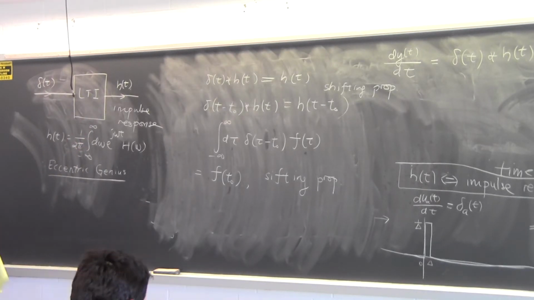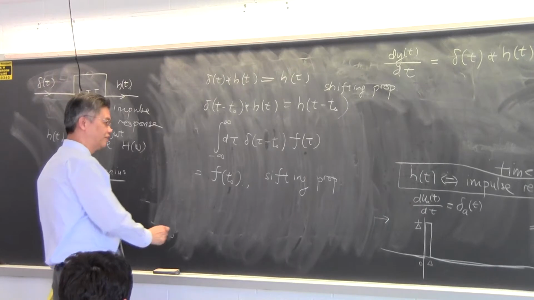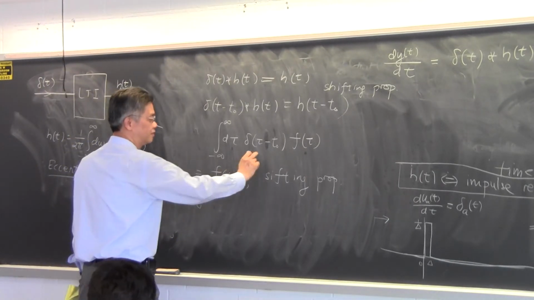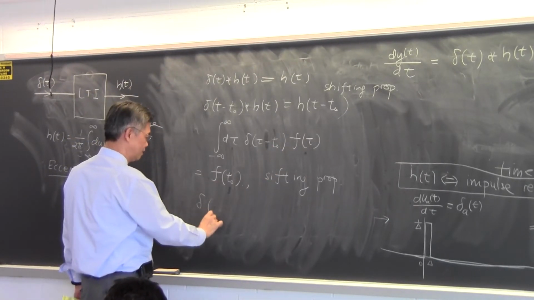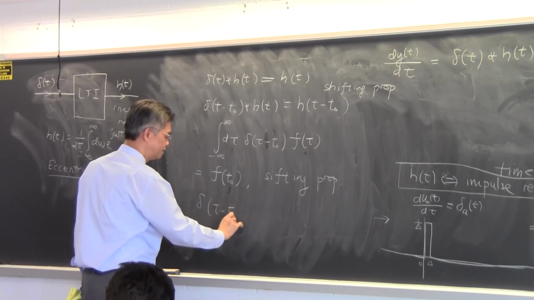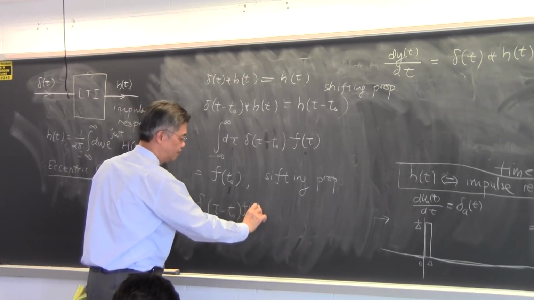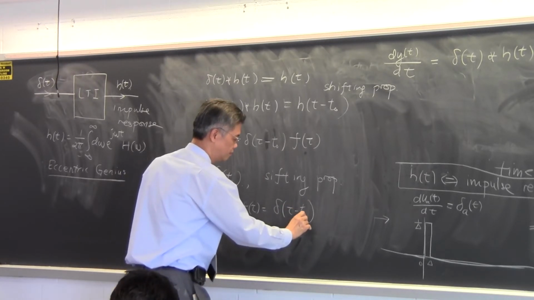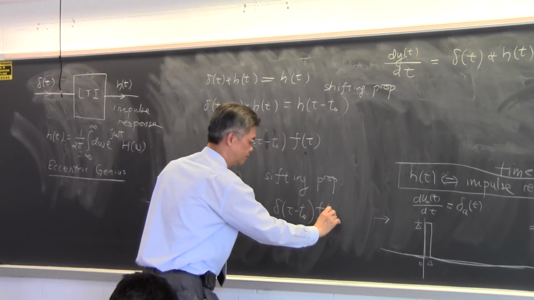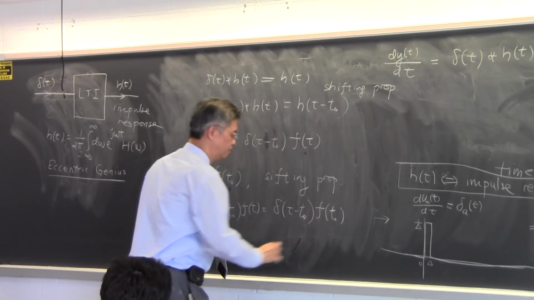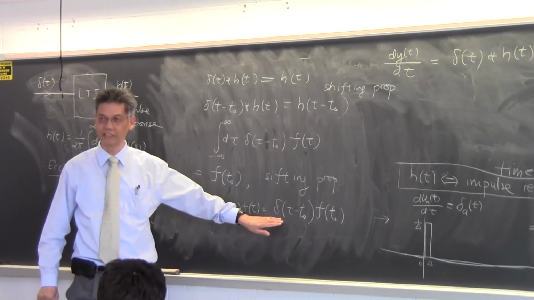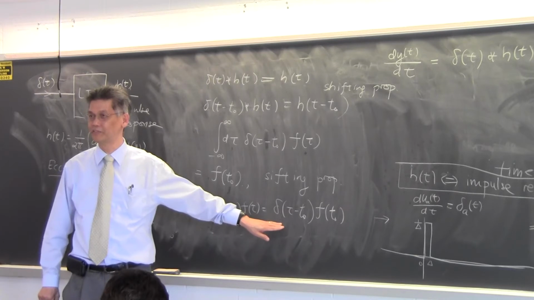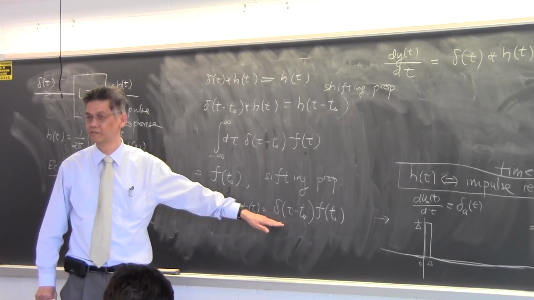Okay, this is the shifting property, but also, since this thing always evaluates to this thing, you can also say that delta of tau minus t naught times f of tau is the same as delta of tau minus t naught times f of t naught. Okay, this always is the same as that because the two will always give you the same answer when you integrate.